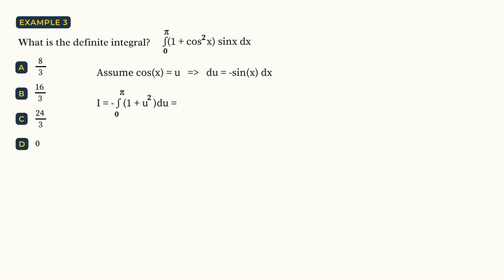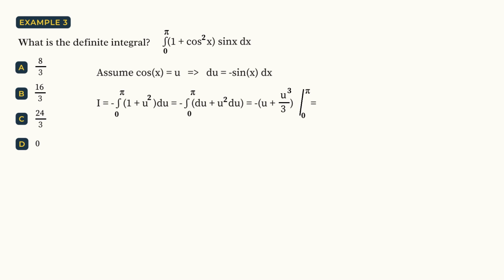And we're going to take the minus in front of the integral. We have 1 plus u squared multiplied by du. Now this integral has a form that is easy to calculate. Let's go ahead and do that. This will equal minus in front, don't forget the minus, the integral of du plus the integral of u squared.